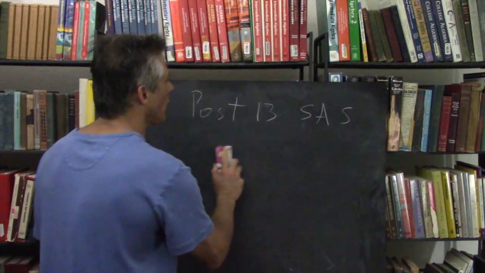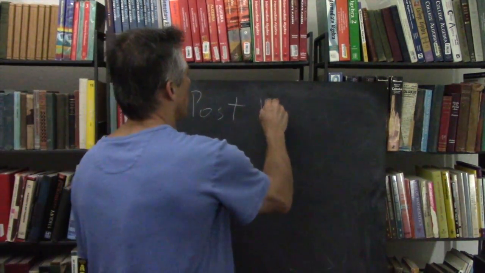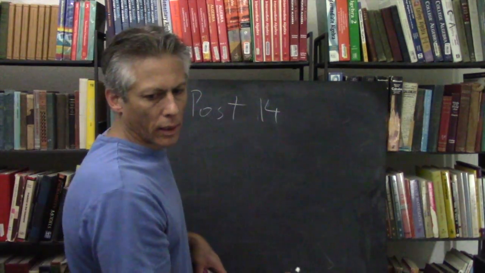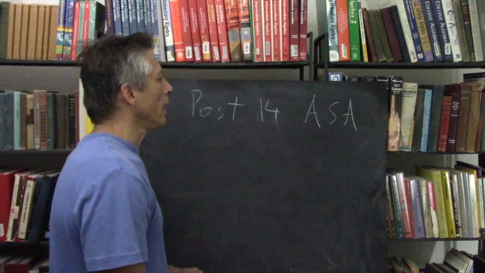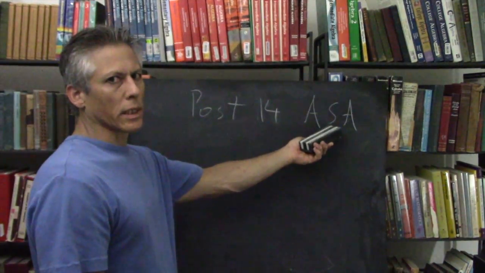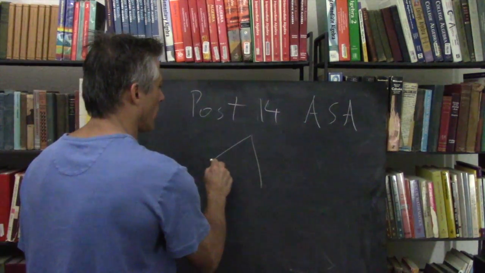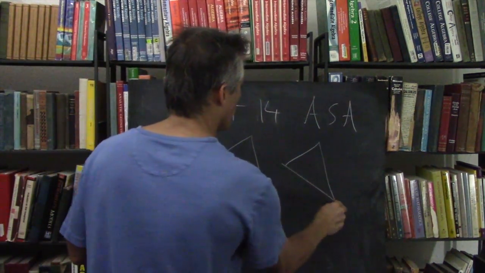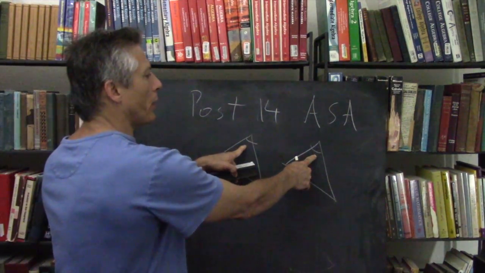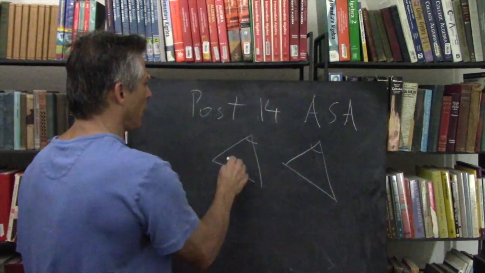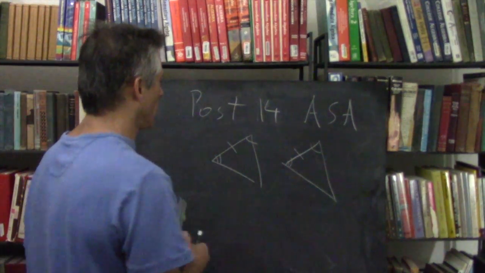Okay. And then postulate 14 is the angle-side-angle postulate, we call it ASA. And this time notice the side has to be between the two angles. So we'd have this angle congruent to that one. So we have a pair of angles, and then we have a side, and then another pair of angles.